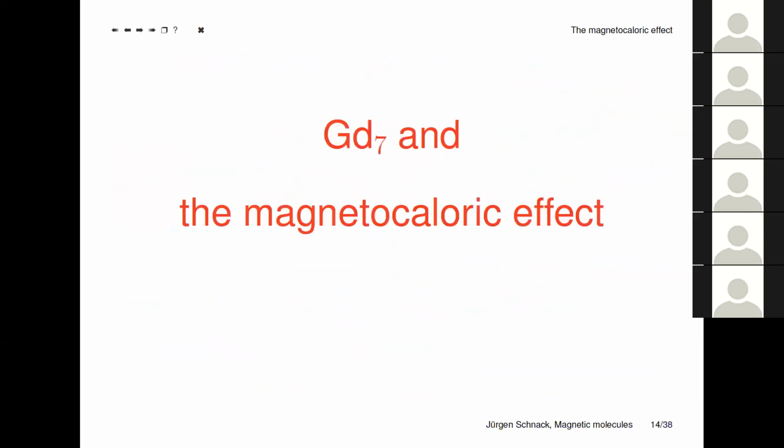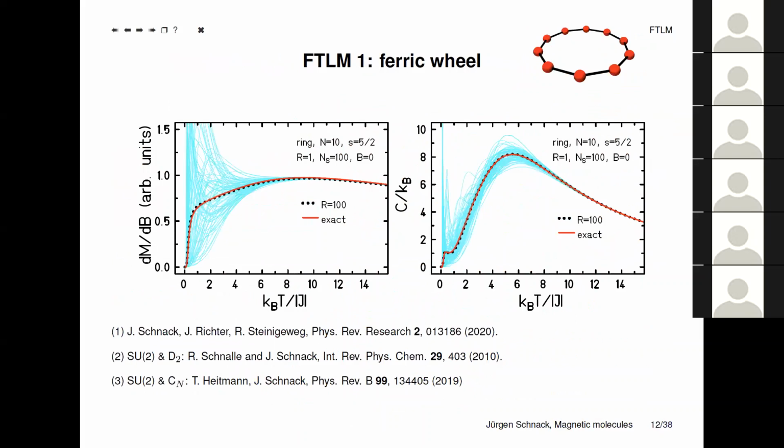SU2 can be implemented pretty, I mean, here are 2 of our references. SU2 can be implemented for Heisenberg-like models. What you need is spin rotational symmetry, okay? As soon as you have got anisotropy, then there's no SU2 anymore. But if you have got SU2, you can implement this easily. That's implemented in MacPack, a program that many of you use.